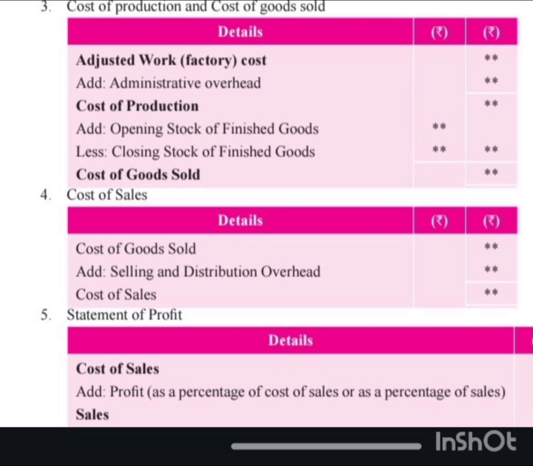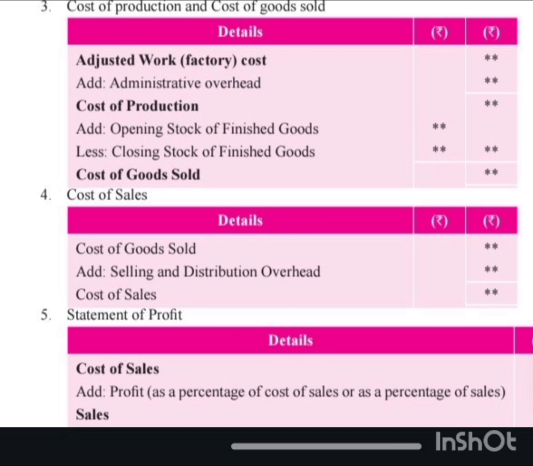The fourth one is cost of sales. Here is where things get interesting. To get the cost of sales, we start with the cost of production, and to the cost of production we will add the opening stock of finished goods, which means products made last year but sold this year, and then we will subtract the closing stock of finished goods.